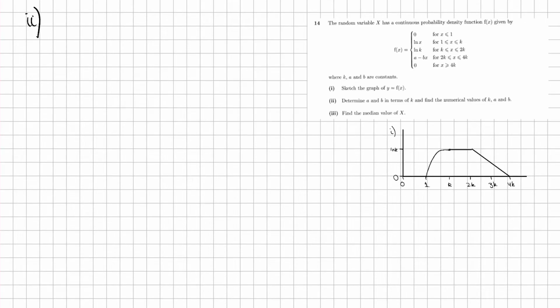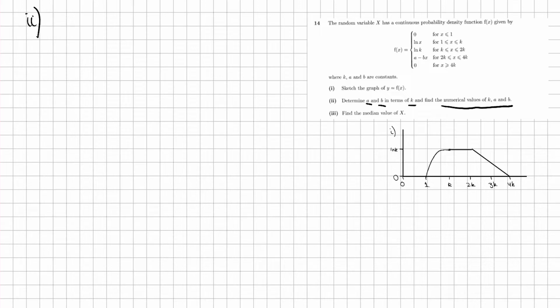For part 2, we're asked to determine a and b in terms of k and find numerical values of k, a, and b. So we can start off with the connection we made in the first part, where a minus bx has to be equal to the natural log of k at x equals 2k and 0 at x equals 4k.